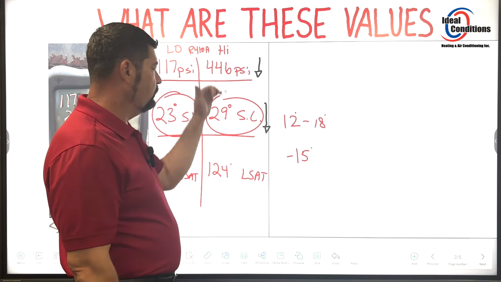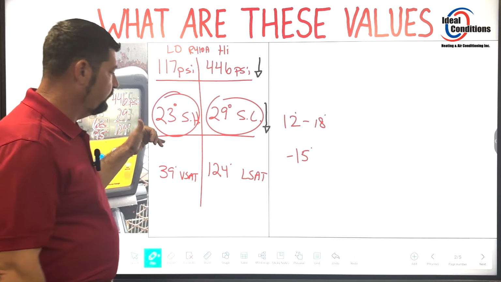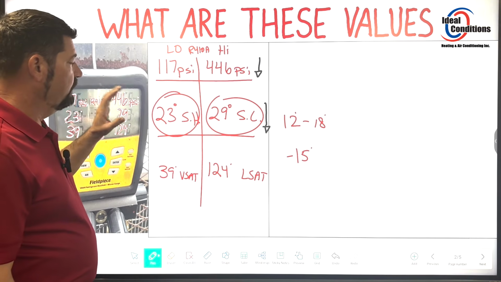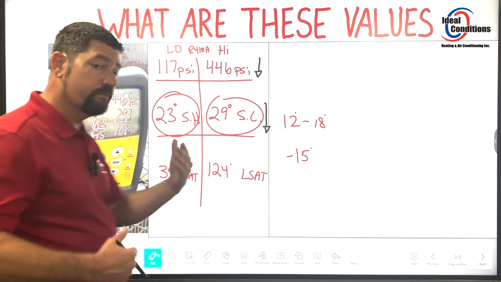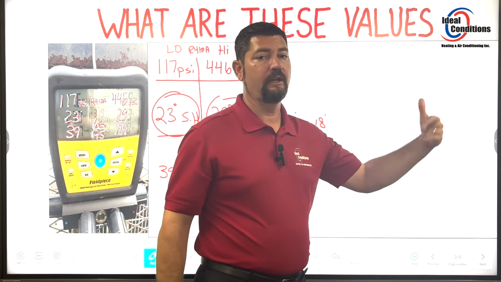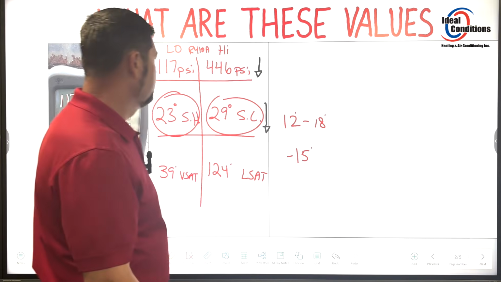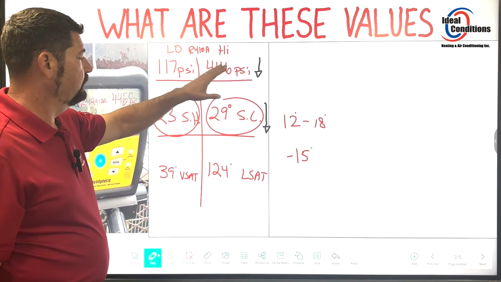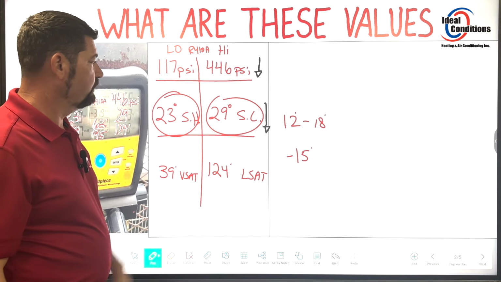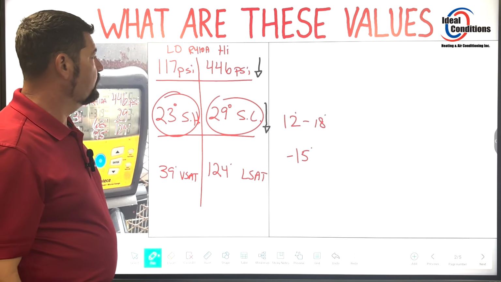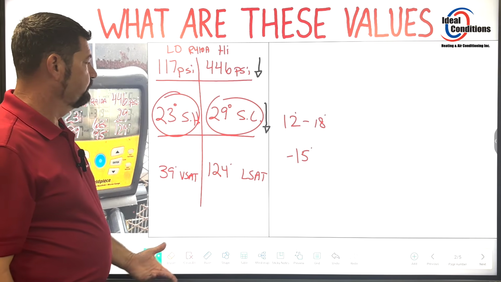Because if I take too much out, then that superheat should go up, right? And so if I'm having issues and 1 plus 1 does not equal 2, then I have to resolve that second mechanical problem. But the first one that I would look at is, you know what, let me go ahead and drop a little bit of refrigerant out of the system, get that subcool down, get that head pressure down, and if these two numbers are moving in the proper direction, then you know everything's fine.